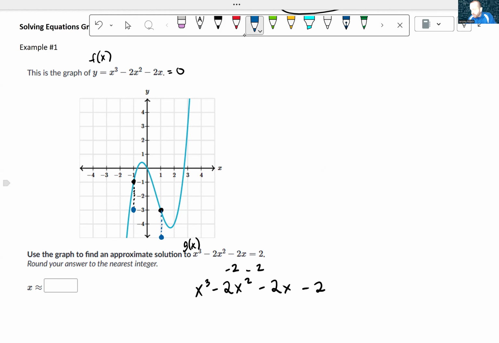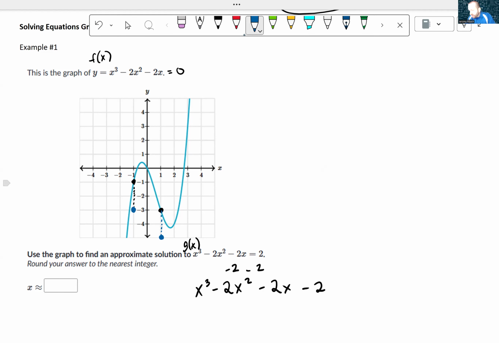That would be our new value. And when we shift this whole function down, there's only going to be one x-intercept now because this part is going to shift down 2 units, and then all of this and that is going to shift down 2 units. So it's only going to cross on this portion of the graph.